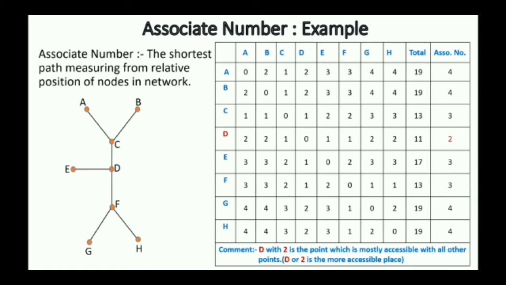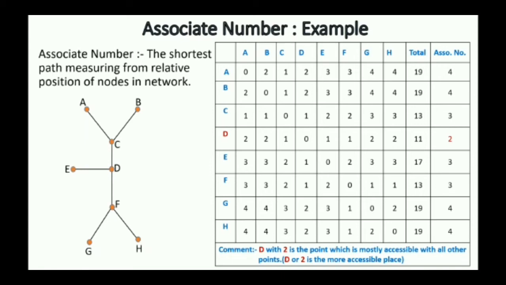Vertex D, with 2, is the nearest path. It is most accessible for all nodes. Vertex D requires very few edges compared to other places. It means that it has high centrality, connected to other places.